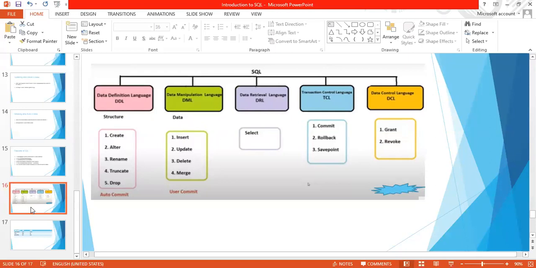SQL is majorly used for creating tables, inserting the data and manipulating the data, and creating columns within a database. Within a table, you will create multiple columns. Within those columns, you will insert, update and manipulate the data. These are the basic, major things that we do in SQL.